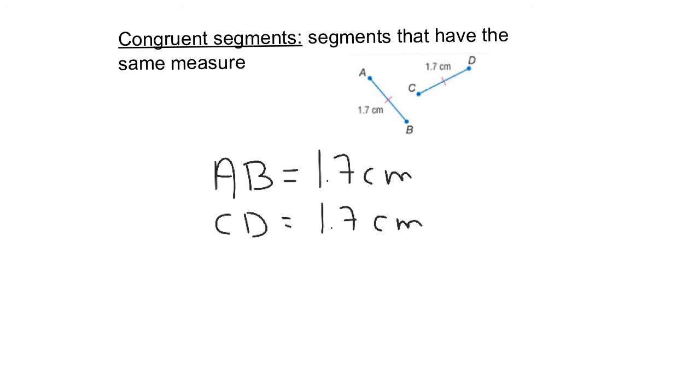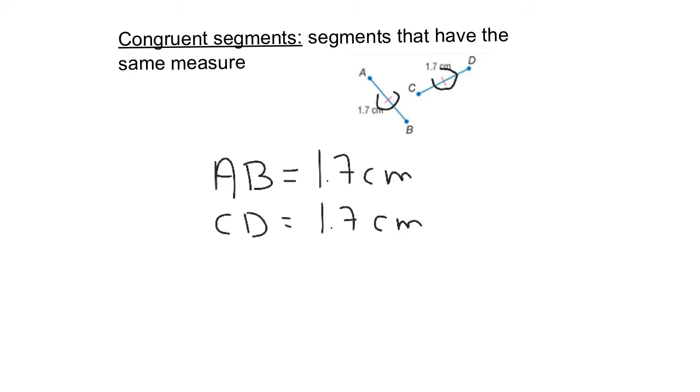So in other words, segment AB is congruent to segment CD. Now, I don't know if you noticed, okay, in geometry we use specific notation, the tick marks. Segment AB we placed 1 tick mark, segment CD we also place 1 tick mark, and that indicates that the 2 segments are congruent.